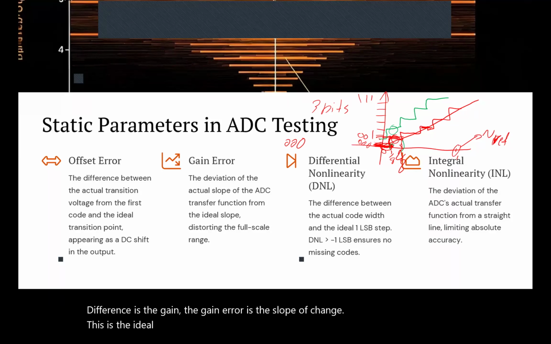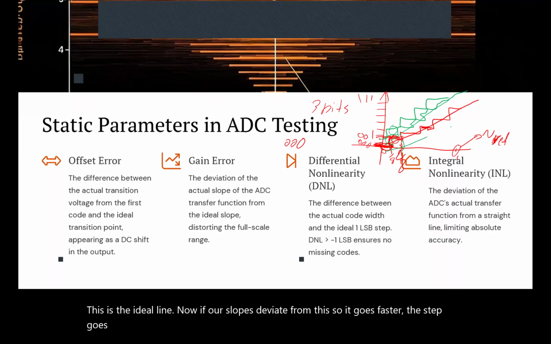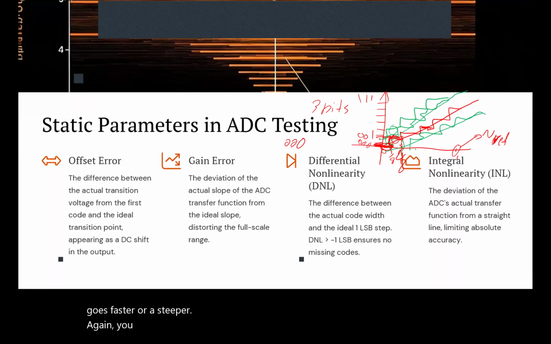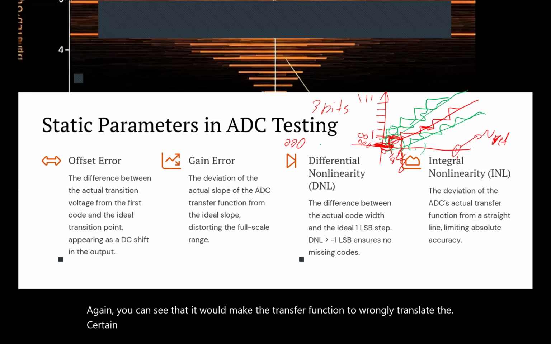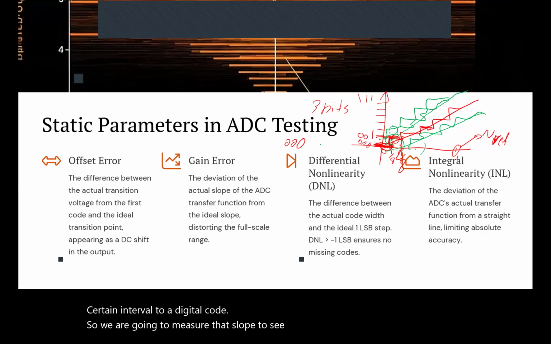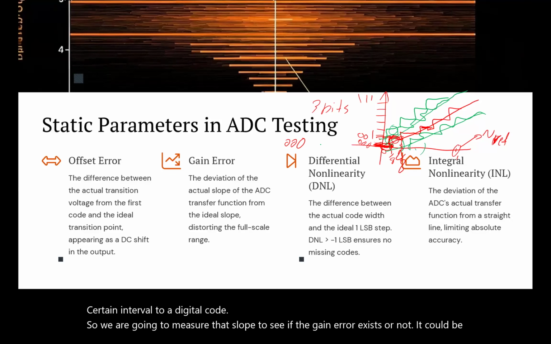Now, if our slope deviates from this, so the step goes faster or steeper, again, you can see that it would make the transfer function wrongly translate a certain interval to a digital code. So we are going to measure that slope to see if the gain error exists or not. Again, it could be positive or negative.